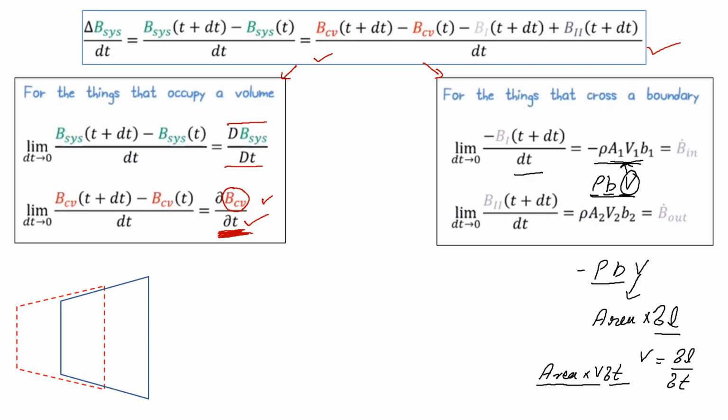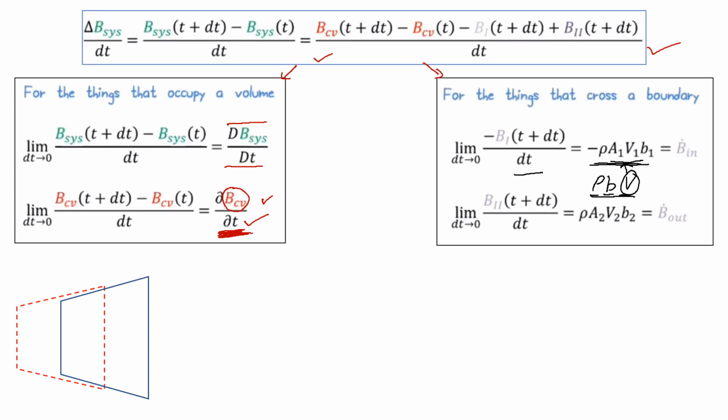Okay, so that is how my AV got here, and that delta T will cancel out with this one. So we will get this term, that is rho A1 V1 B1, when we put this A1 B1 in this. So again we can also write this in terms of mass flow rates. That is what we are more concerned about.